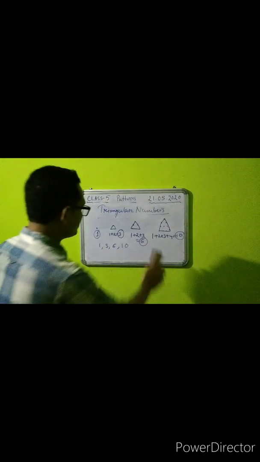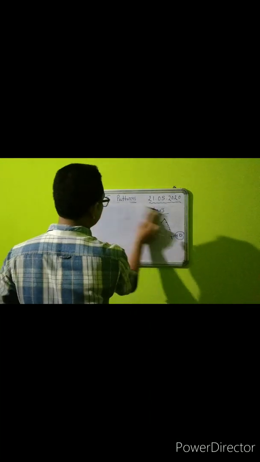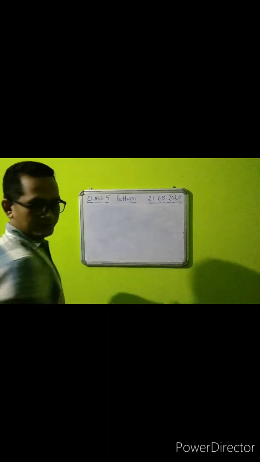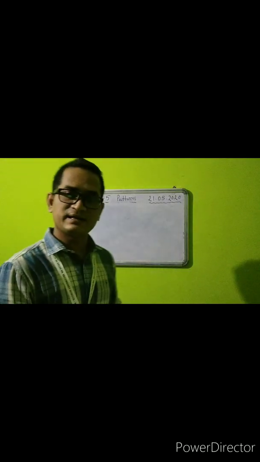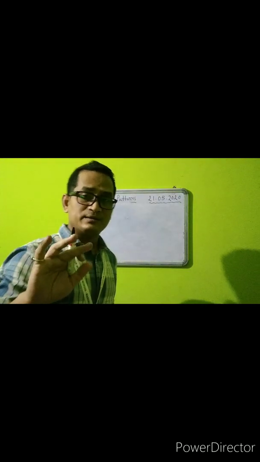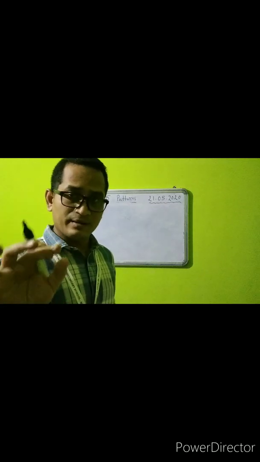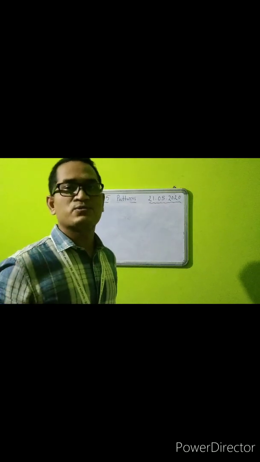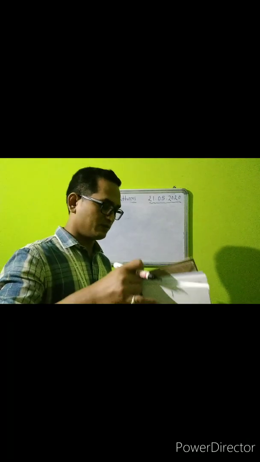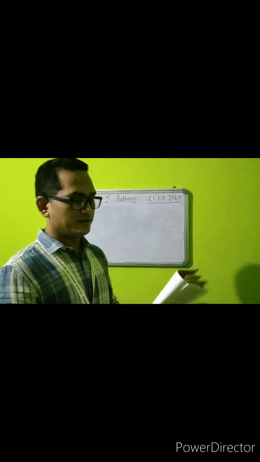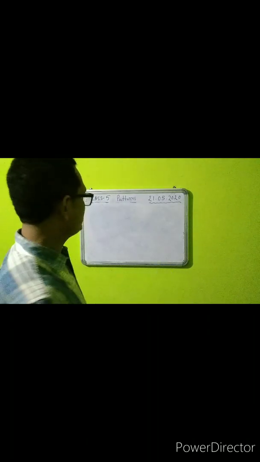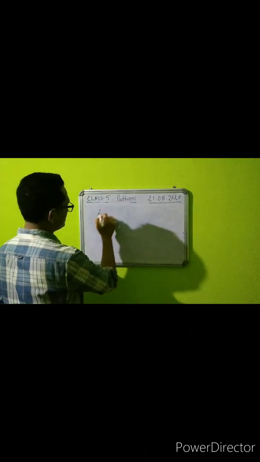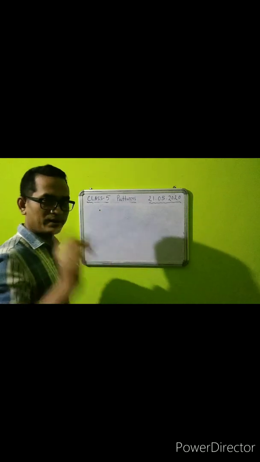As we have done triangular numbers, we will have square numbers also. Now how will the square numbers be? Square numbers means, if we represent them in dots, they will form squares. Fine. So if you see page number 26, you can see the first square, that is 1 dot, that is 1.